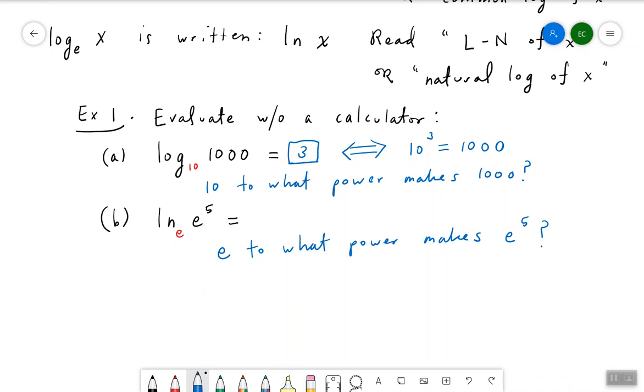Well, I bet you're going to say that's the fifth power. Because the base e to the fifth is e to the fifth.